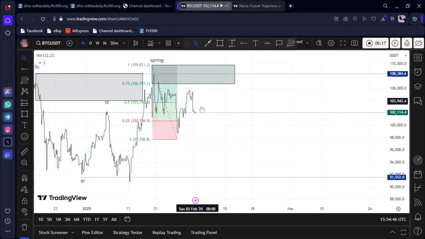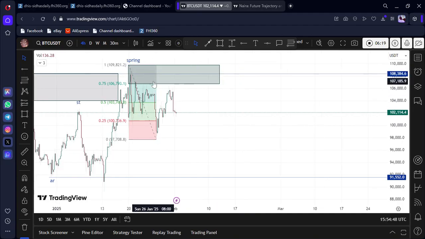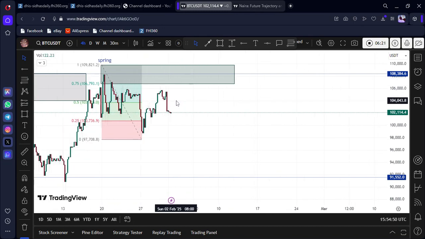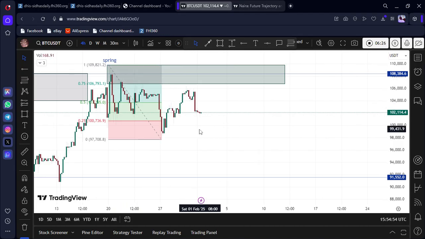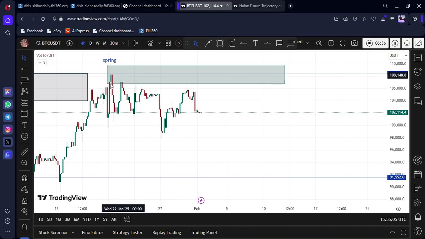I should really zoom so you all can see what I'm trying to represent here. Okay, let me take this out. So if I take that out, you're going to see this zone here.